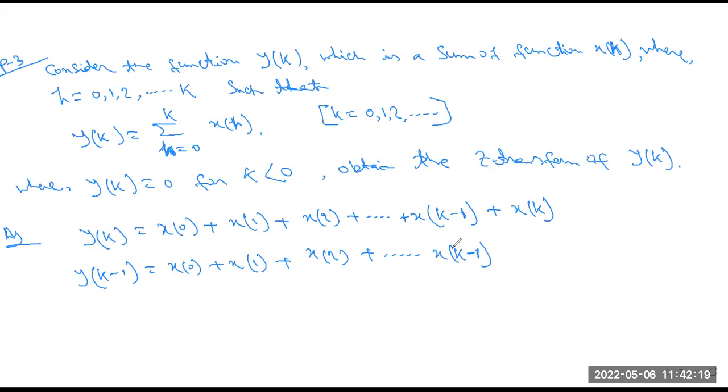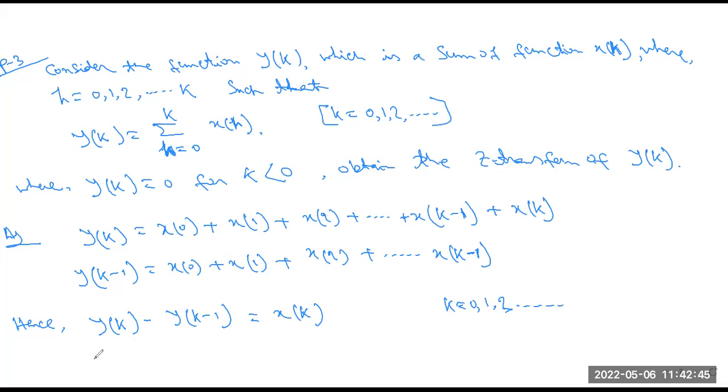So the last term is x of k minus 1. Now we have to calculate, hence y of k minus y of k minus 1 is equal to x of k, where k is equal to 0, 1, 2 and so on.